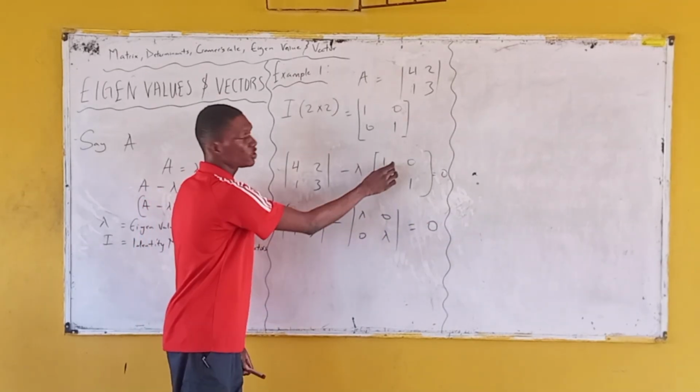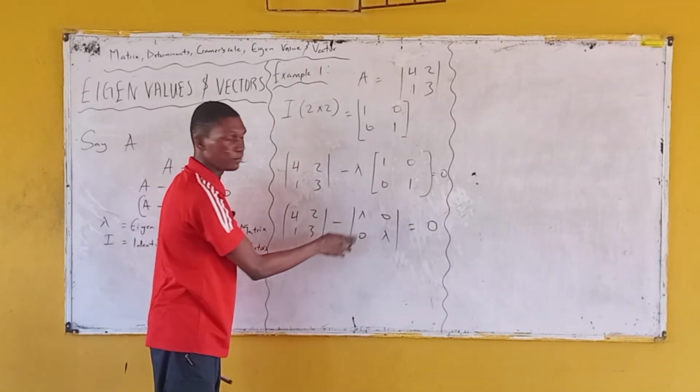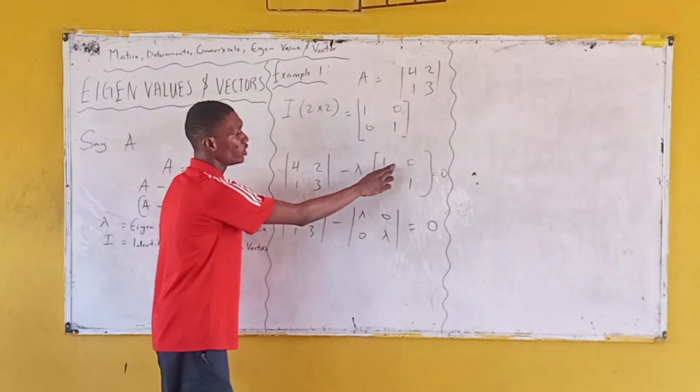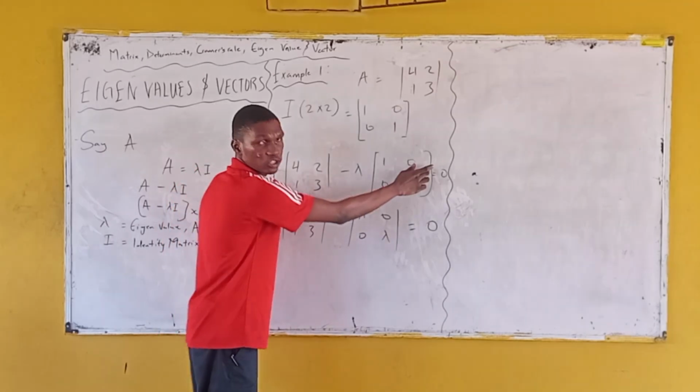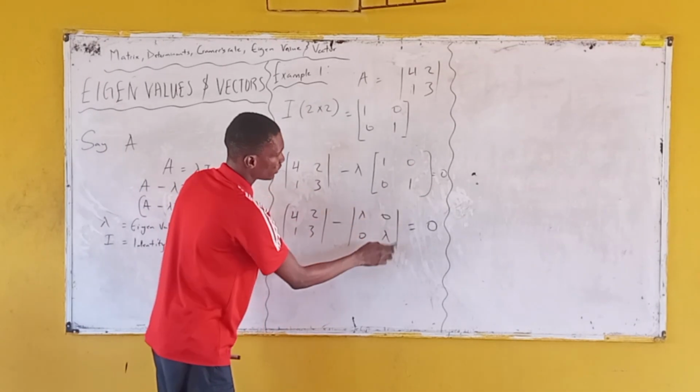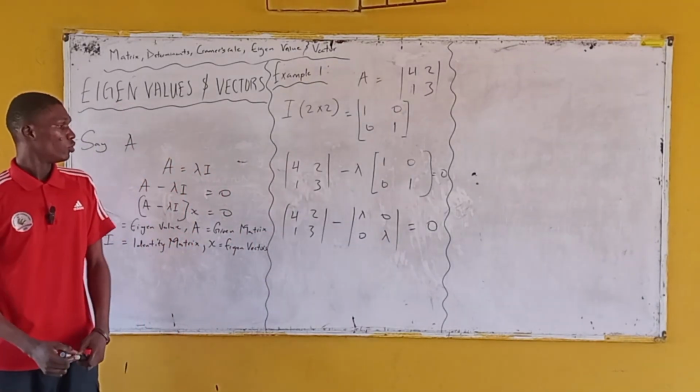So minus lambda multiplied by 1 is minus lambda. Lambda multiplied by 1 is lambda. Lambda times 0 is 0. Lambda times 0 is 0. Lambda times 1 is lambda.